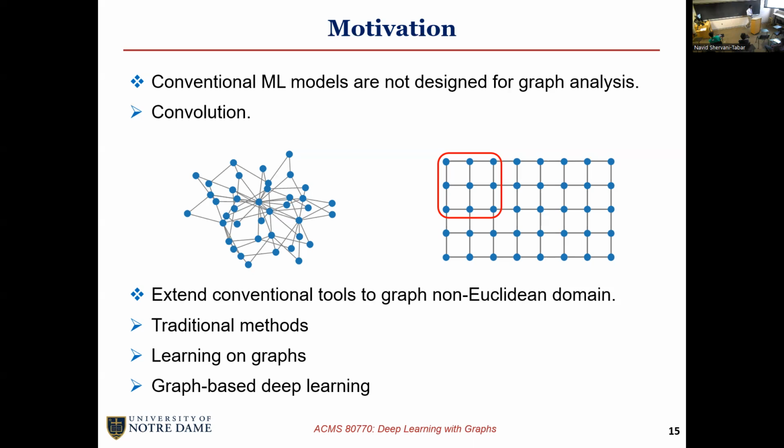Then at the end, we're going to go on to graph-based deep learning, where you're going to build layers that are a transition from the graph that you have to some sort of numerical vector that regular fully connected layers of your vanilla deep learning model are able to analyze.